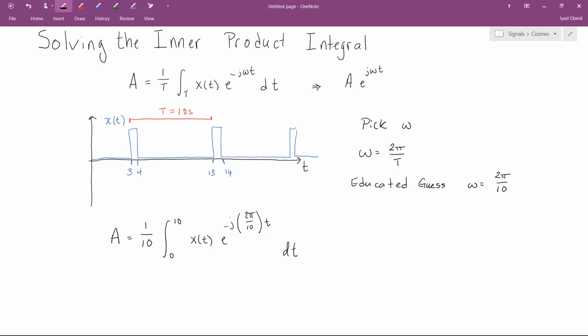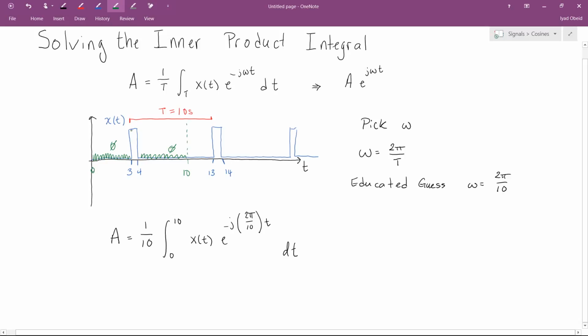The first thing to notice is that although we're integrating on the interval from 0 to 10, which is one period, you can see that there's actually not a whole lot to integrate, right? All these regions here between 0 and 3, x of t equals 0, so there's nothing to integrate there. Likewise, all these regions between t equals 4 and t equals 10, x of t also equals 0, so there's nothing to integrate there.